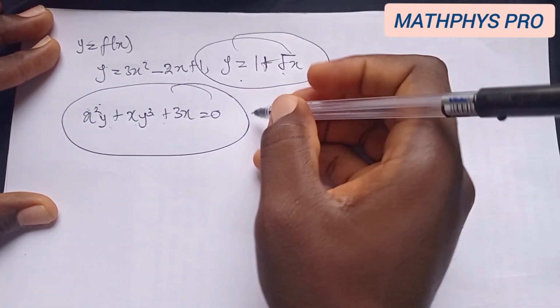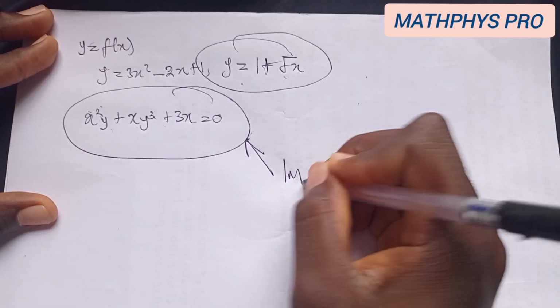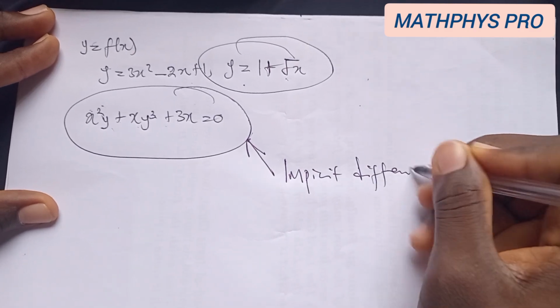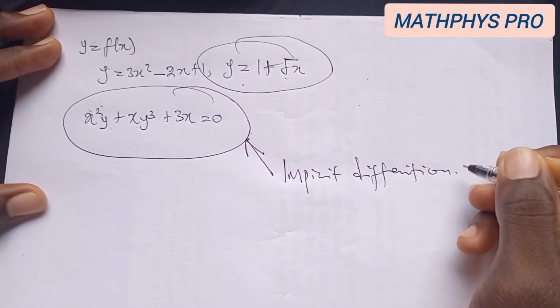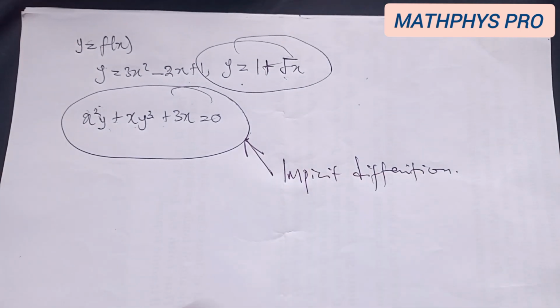The process of differentiating an implicit function is called implicit differentiation. Now I'm going to teach you how to differentiate implicitly.